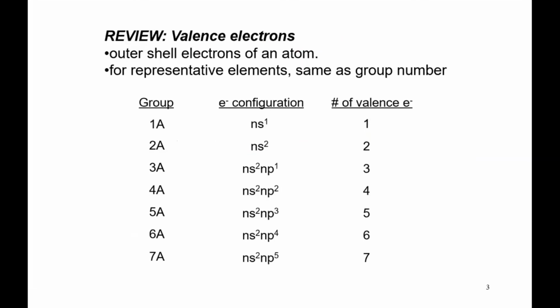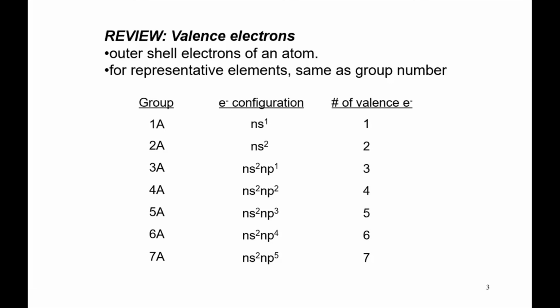Let's take a quick review about valence electrons. Remember that we said valence electrons are the electrons in the outer shell of the atom. These are the ones that are farthest away from the nucleus, in those clouds of electron density oscillating about the nucleus.